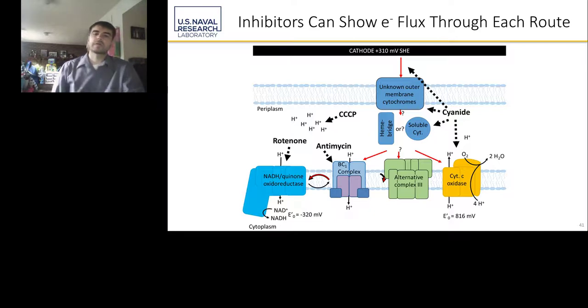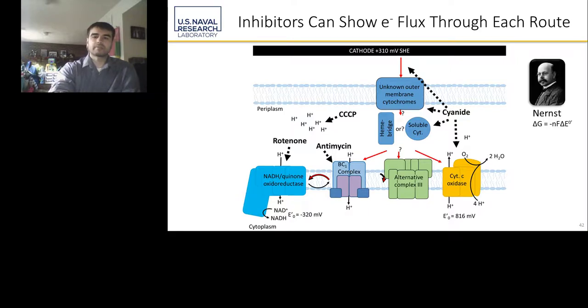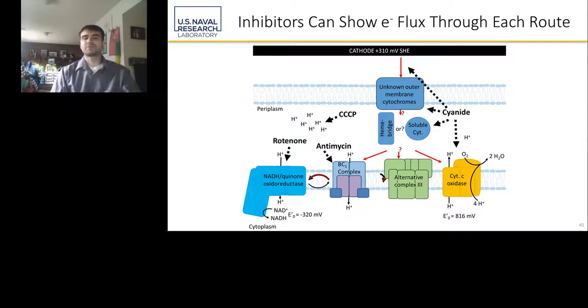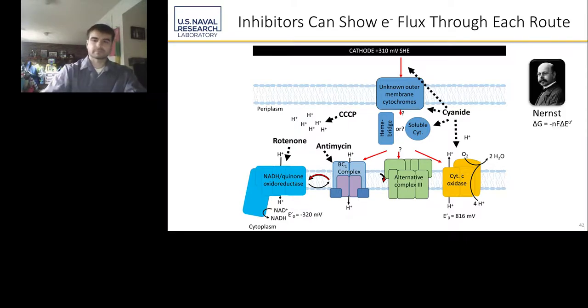And so what we're looking at is the electron flux through each of these potential routes. On this slide, I'm showing 4 different inhibitors, and each of these is going to block a specific part. Then using the Nernst equation, we can predict how much electron flow we're going to see through both the forward and reverse.